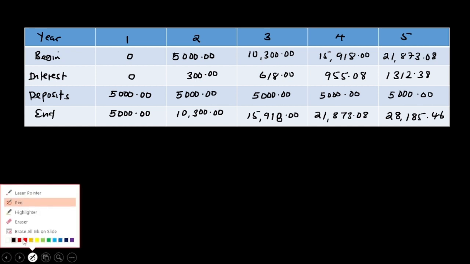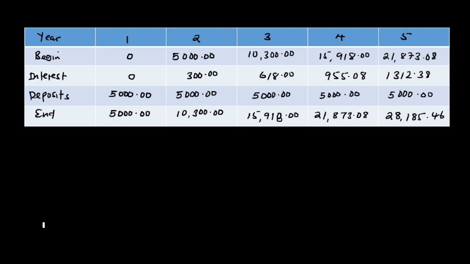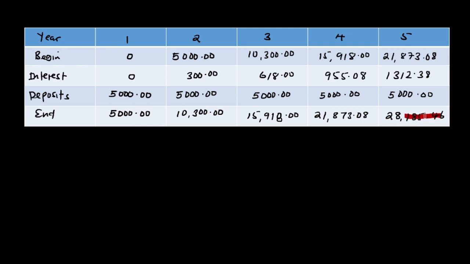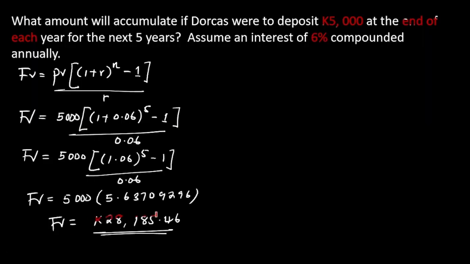So this value is the same value that we got as our future value, same as the one here. So you can choose whichever method to use.